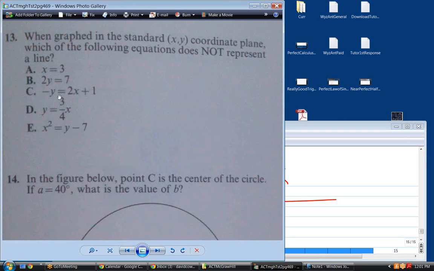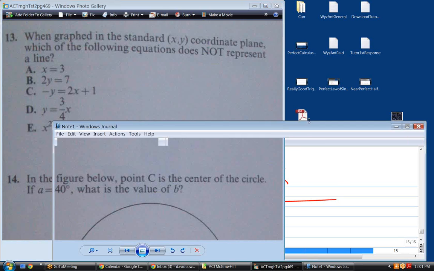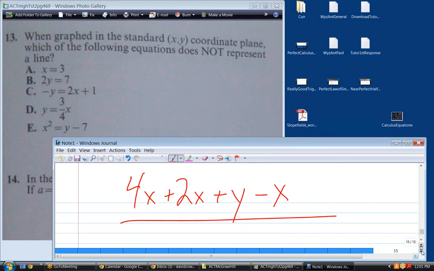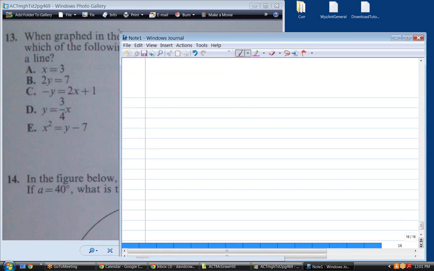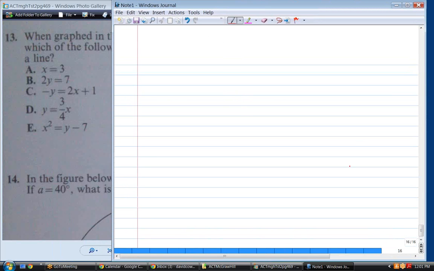Which of those equations is not linear? In other words, every one of these represents a straight line except one. This is something you really want to be able to recognize instantly. What makes linear equations?